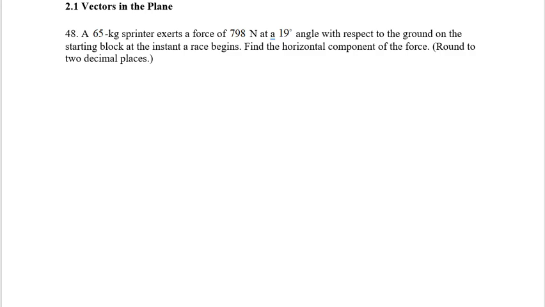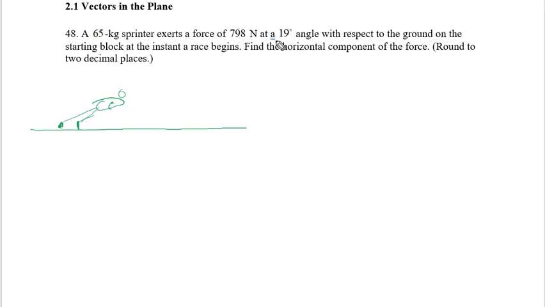In this one, we have a situation where we're assuming it's level ground. Here are the starting blocks, and we have a runner here who is going to be running a race.